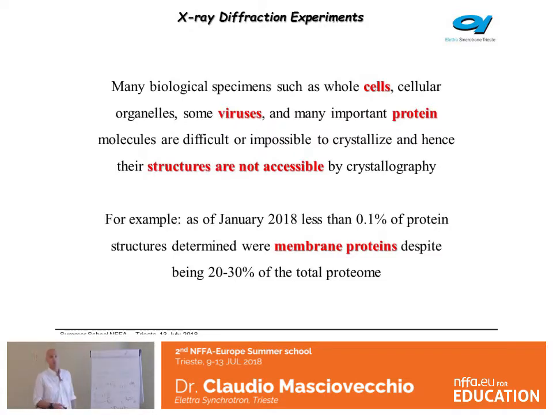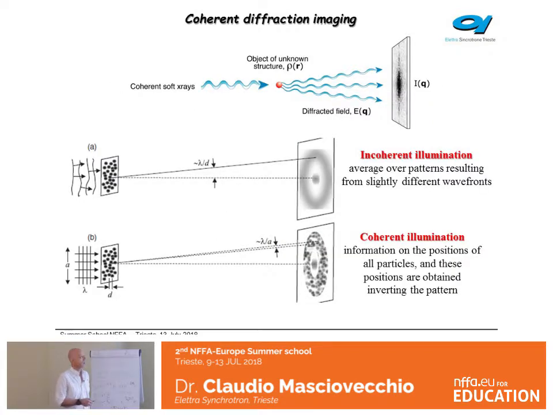You cannot crystallize all the proteins, but as I said, you could do without it if you have enough intensity from a single object by doing what is usually called coherent diffraction imaging. You put an object in your coherent beam, the object will produce a diffraction pattern, and the diffraction pattern encodes the information concerning the structure of the object. If you do not have a good coherent beam, then you will get some diffuse scattering at a given angle.